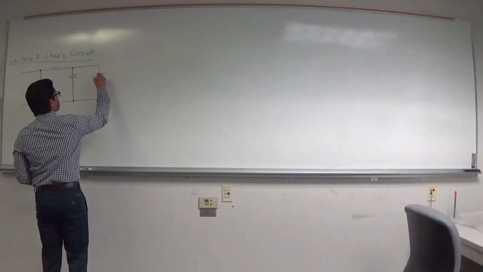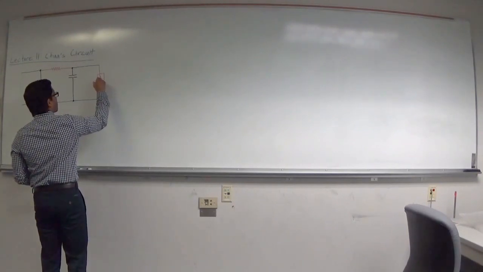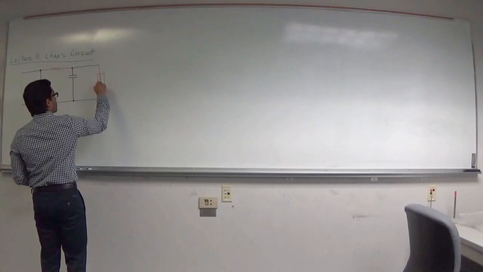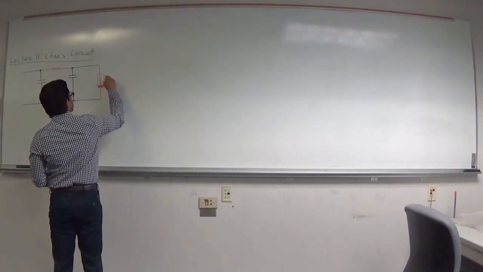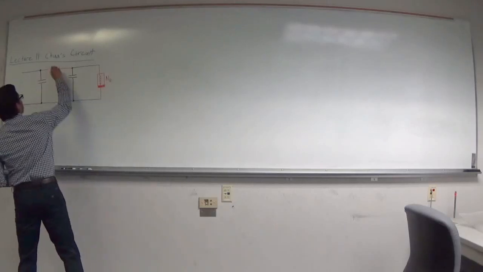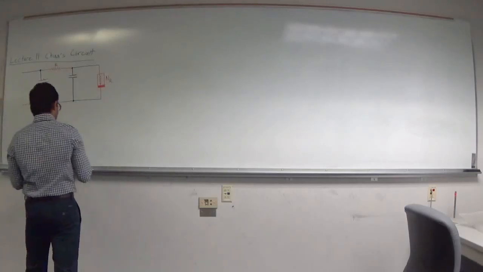So that's the nonlinear resistor, and that's what's going to drive the chaos. So let's call this NR. This is just going to be R.